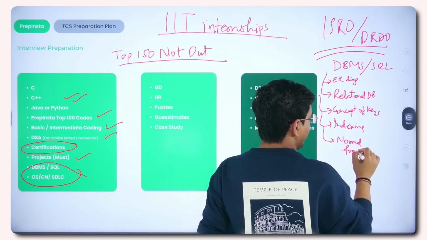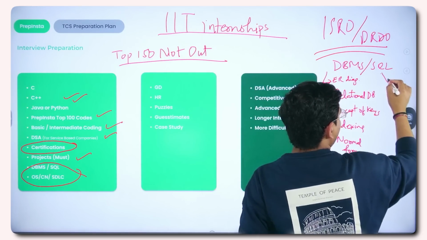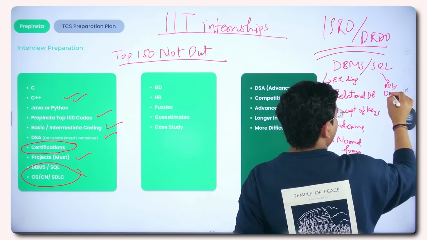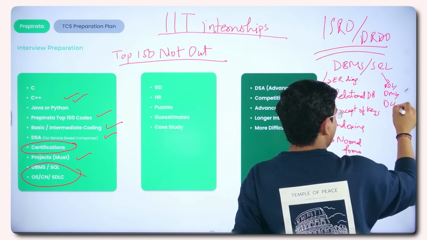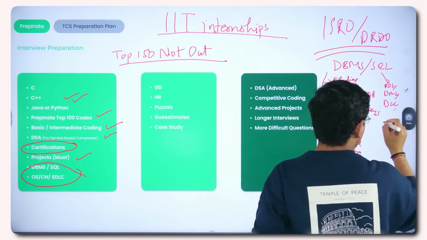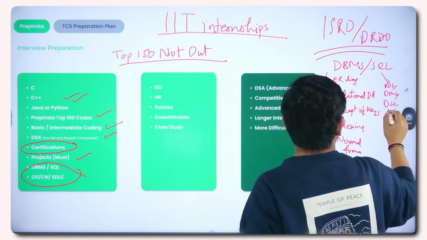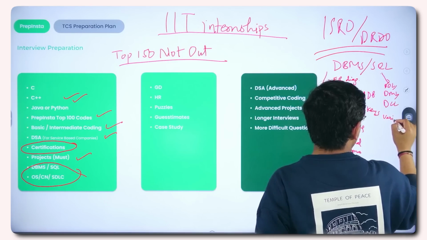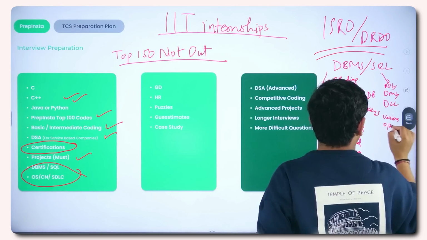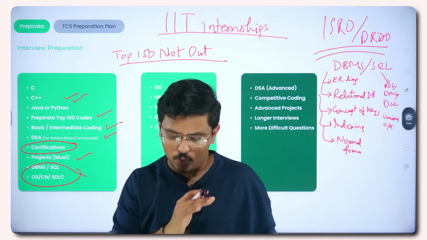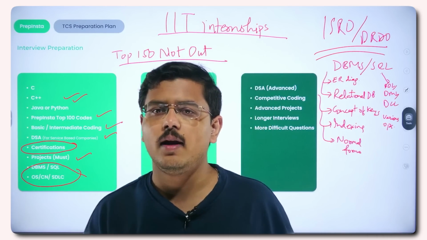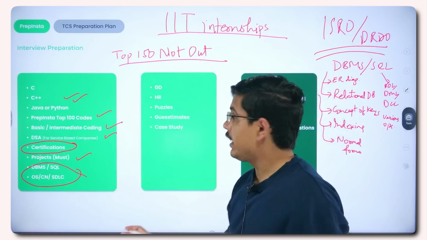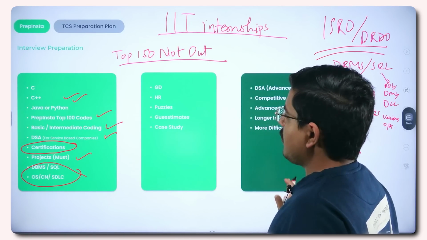Fine. SQL in detail: DDL, DML, DCL, and various operations on SQL. You have to practice SQL in detail when you get an interview call. Fine. Now this is the DBMS and SQL.